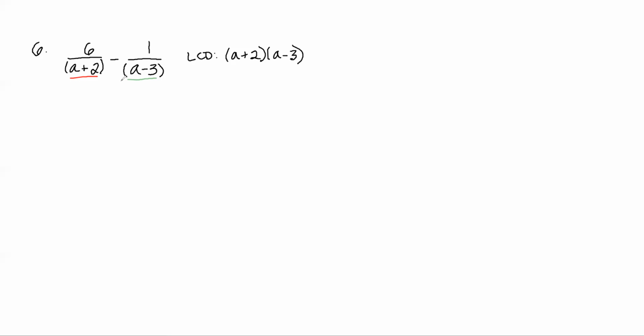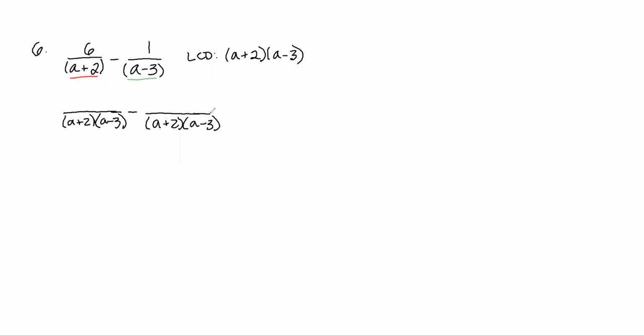Anytime your denominators are completely different and you've already got them factored down, you're just going to take those denominators and multiply them together because they don't have anything in common. Now, if we go ahead and rewrite both of these denominators, so a plus 2 times a minus 3, minus a plus 2, a minus 3.